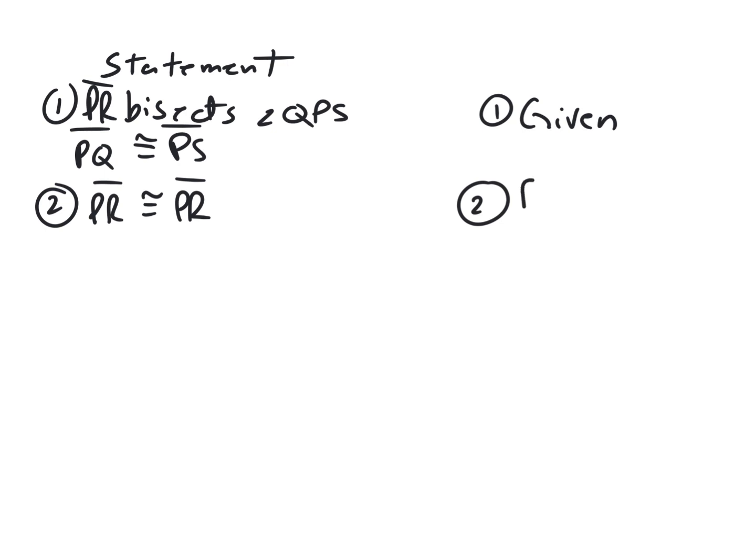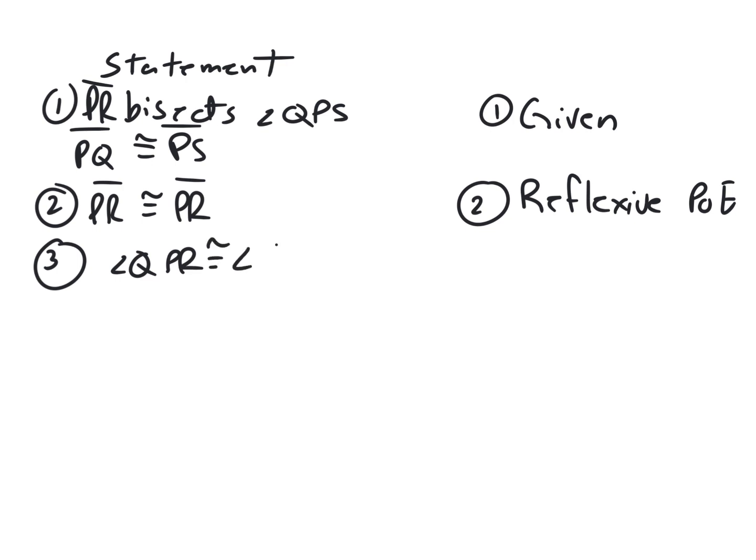That is the reflexive property. Then the third step, angle QPR is congruent to angle SPR. That is the definition of an angle bisector.